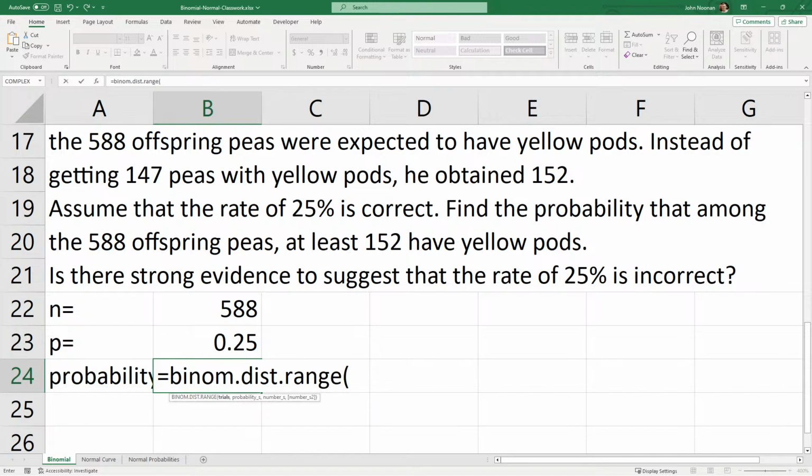The number of trials was 588. Probability of success was 0.25. And I'm interested in anything between 152 and 588. Essentially, the question you're asking is, what are the chances that you got that many yellows or more than that many yellows?